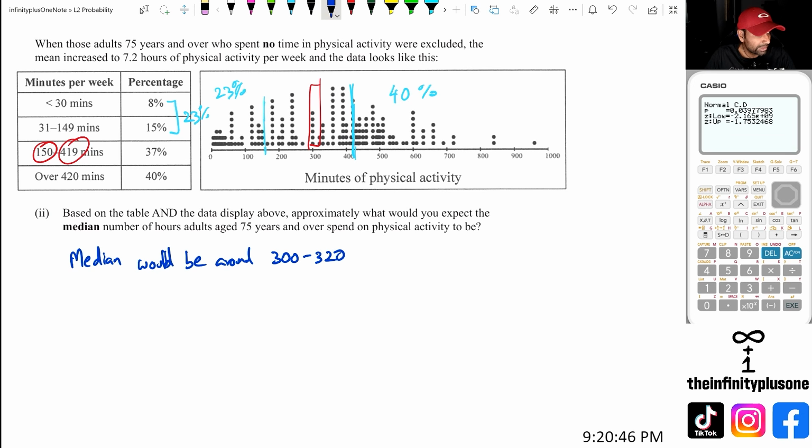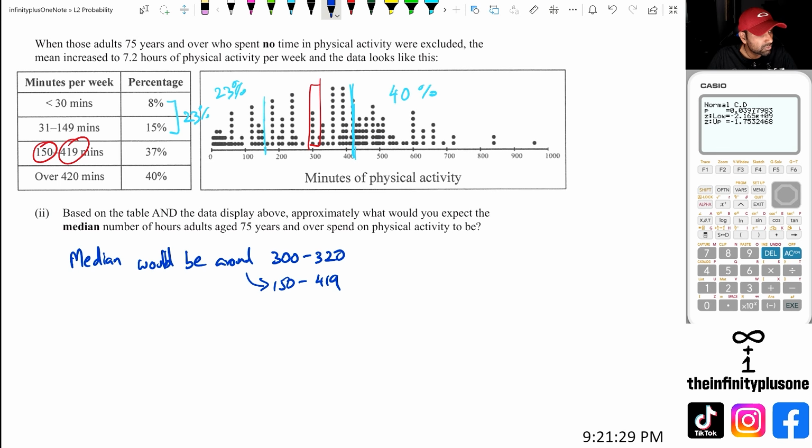The answer schedule accepted from the table around 150 to 419 minutes. It's a bit odd, because the graph says 280 to 400. I looked at it as 25% there. I would have preferred an answer between 300 to 400 at least, but I reckon you'll be fine if you read it off the table. So for achieved, a valid estimate for the median within the range of 280 to 400. Mine was between 300 to 320, so I'll be fine.